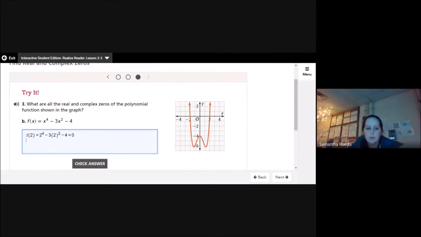And then I can also double check negative 2. So that gives me x minus 2 times x cubed plus 2x squared plus x plus 2.